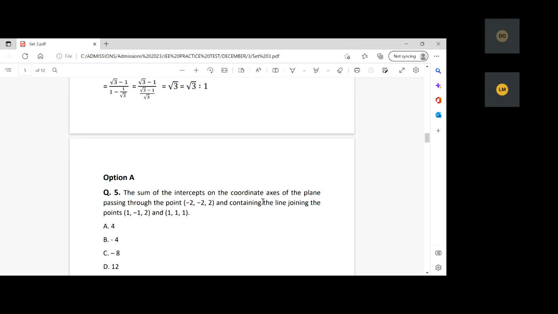Just list out, think how you can reframe it in such a way that you will be able to get what is asked. Okay, I think Srivardhan has typed the answer. Is it -4? Let's see whether it's -4 or not.